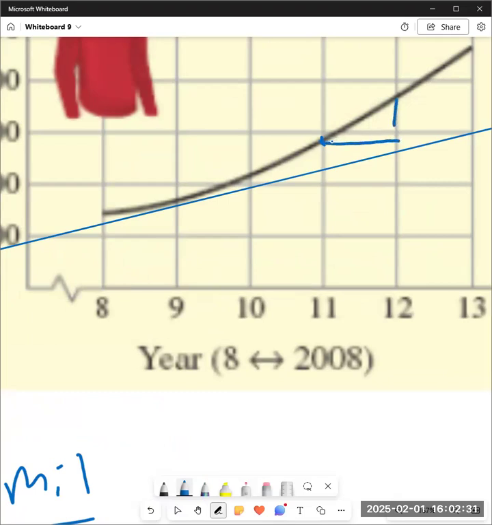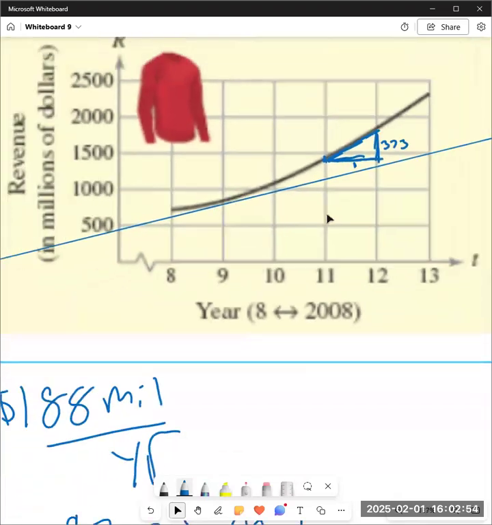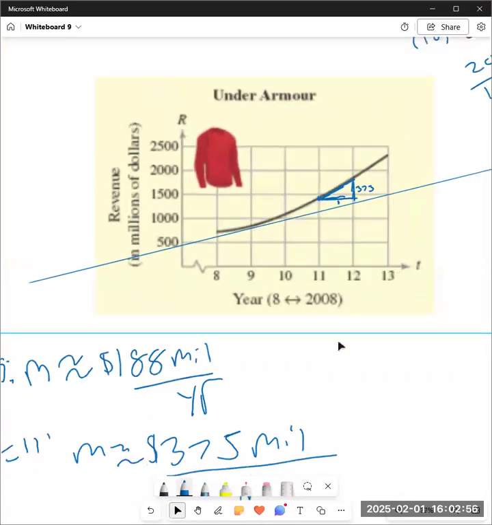If we would make a slope triangle, because the slope is just about right there. This side is 1, and this side is just about 375. So we get about $375 million per year.